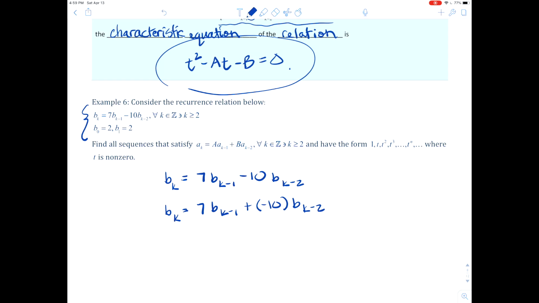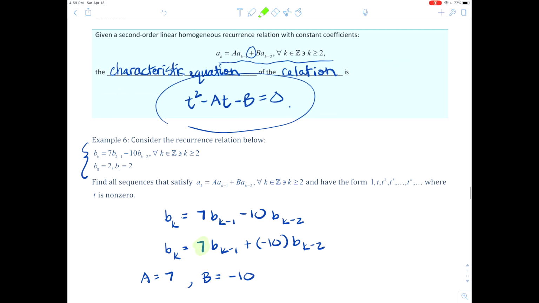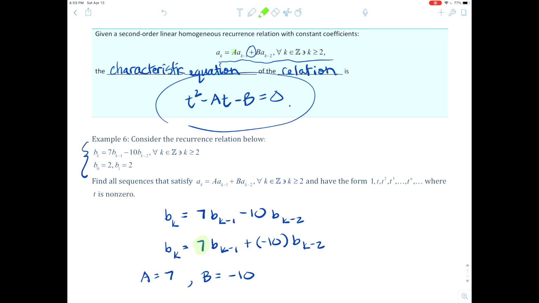So do you see that our a would just be 7, and then our b would be negative 10. Those are the fixed numbers. And we get that from here's the a, and then the b is negative 10.